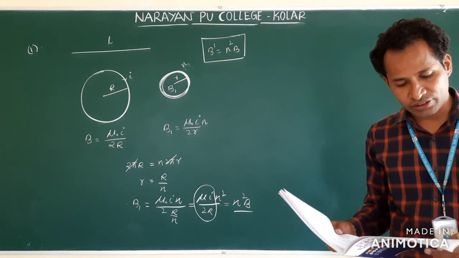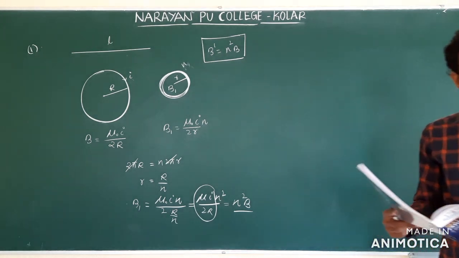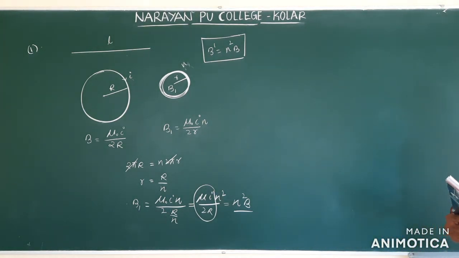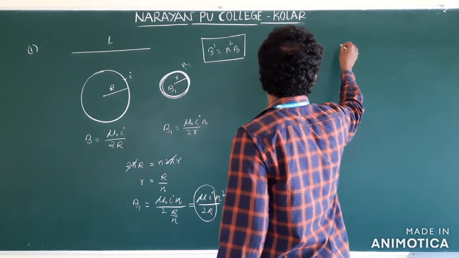A current is passed in an equilateral triangle of side L and made of a uniform conducting wire as shown in the figure. The magnetic induction at center O will be. Clear? This is the second question.